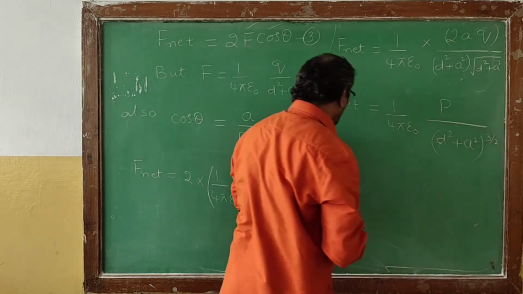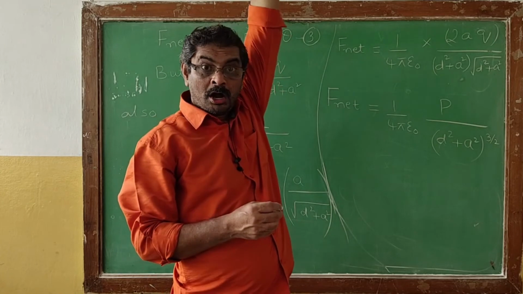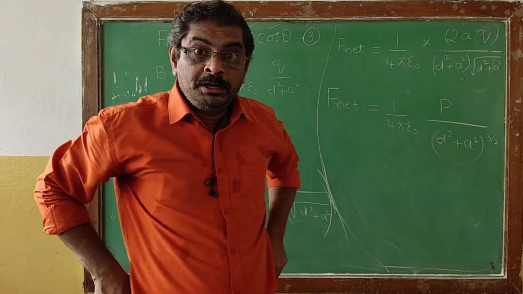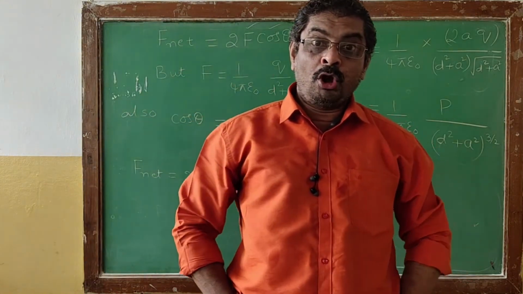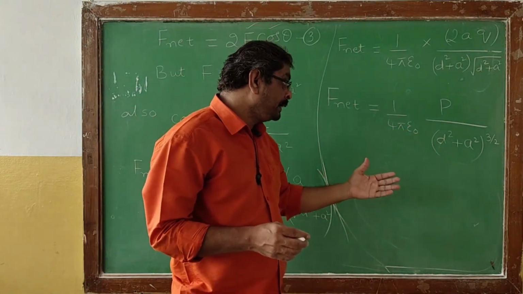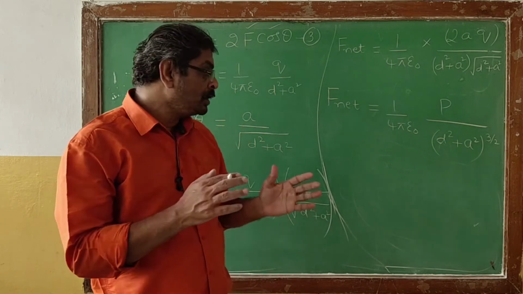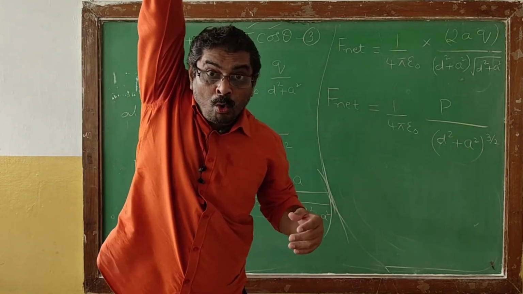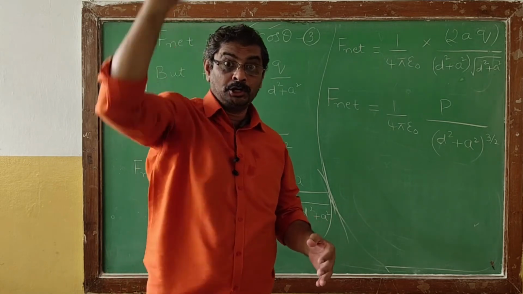So we got F net will be numerically equal to 1 by 4 pi epsilon naught, P divided by d square plus a square, whole power 3 by 2.